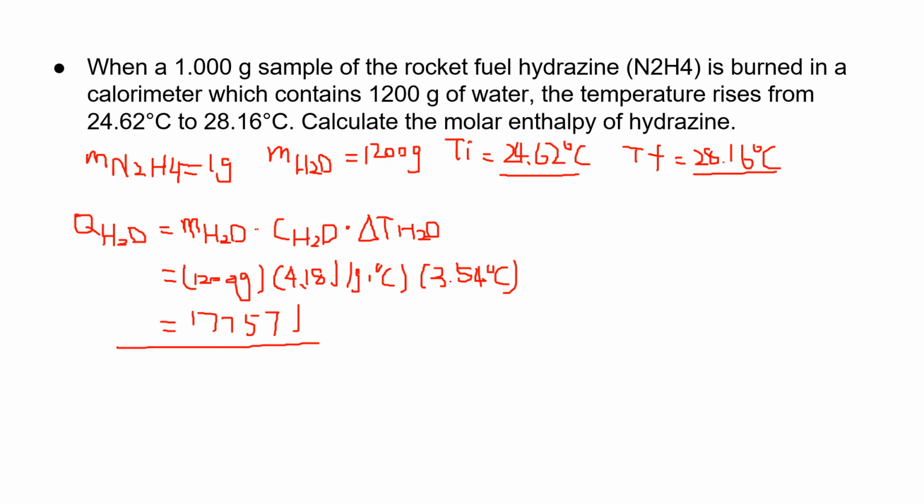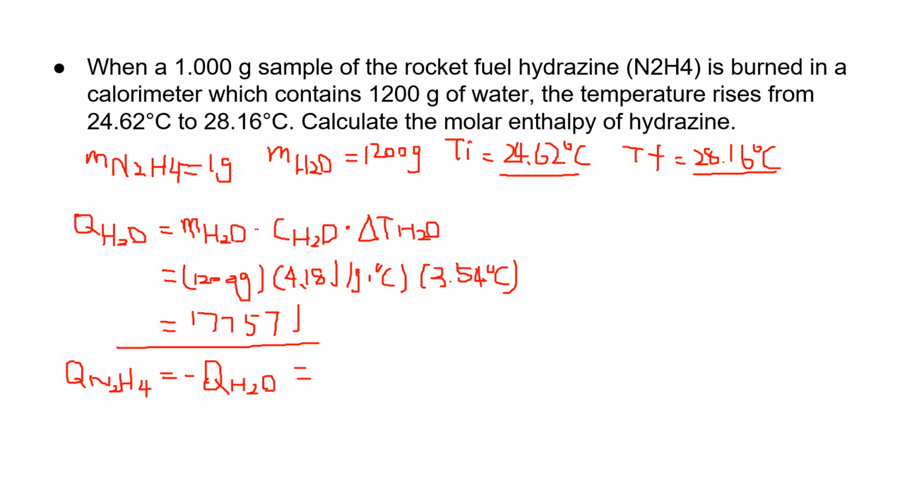We can plug this into the other equation I just mentioned before, which is Q system equal to negative Q surroundings. So in this case, our Q of N2H4 is equal to negative Q of the surroundings, which is H2O.